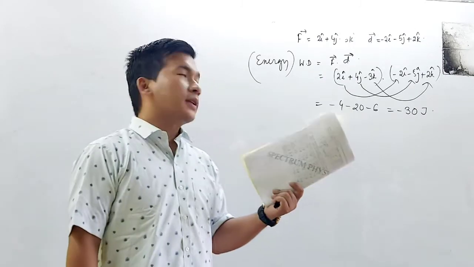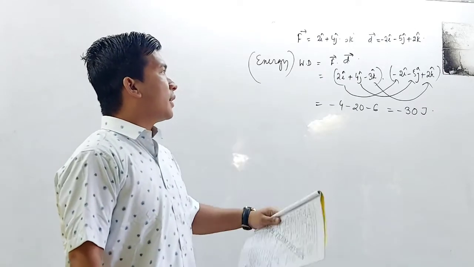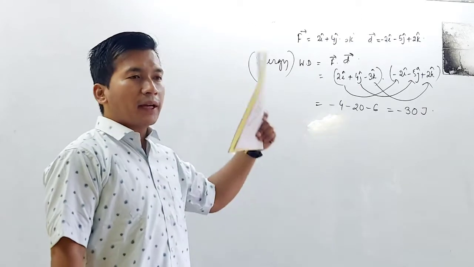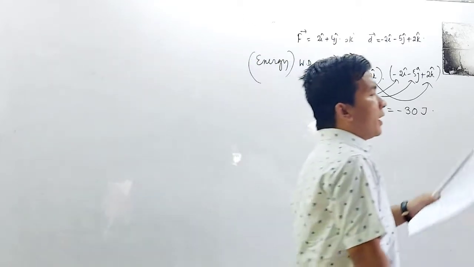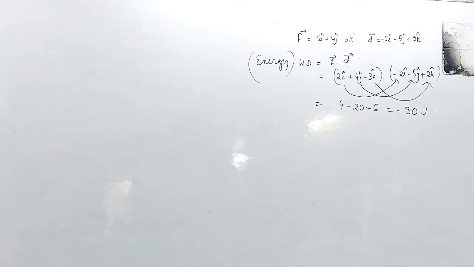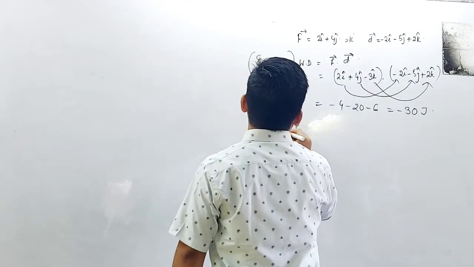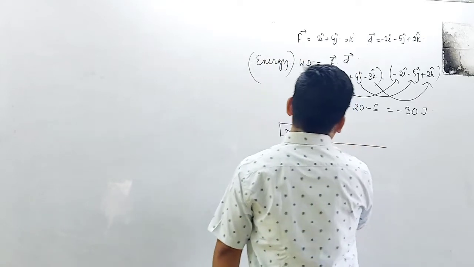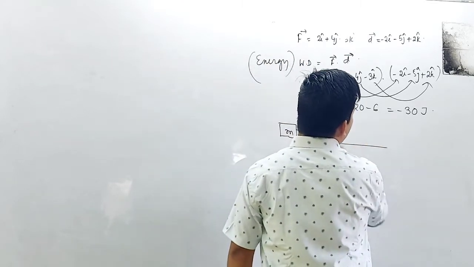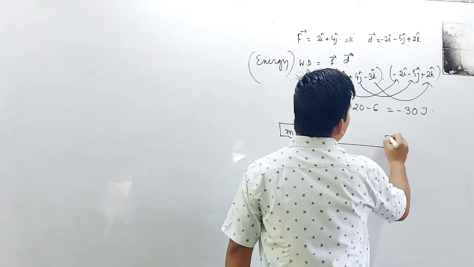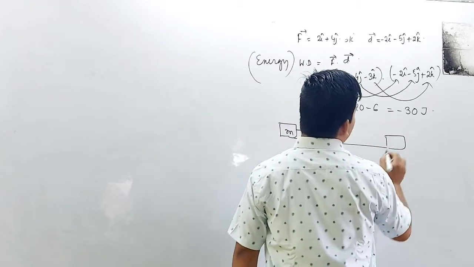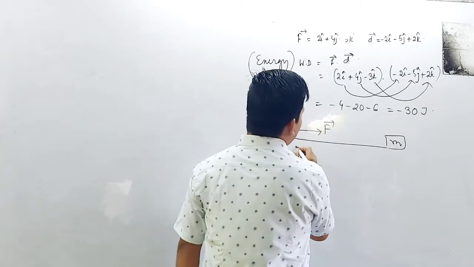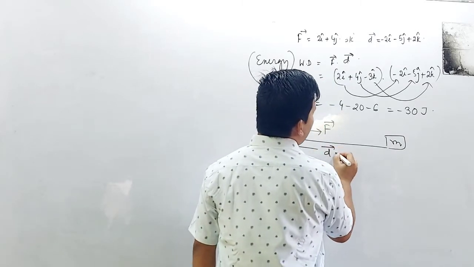Work done and energy are the same, and it is the dot product between the force applied and the displacement produced. If a body is being acted upon by this force F, and the body changes its position from the initial position to this final position, this change will be denoted as the displacement vector.